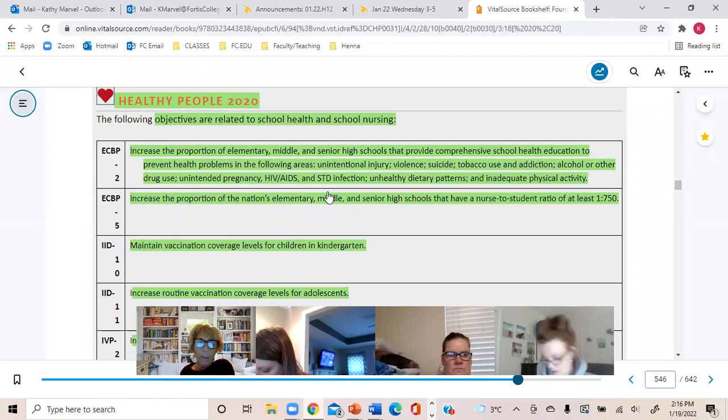Healthy People 2020 objectives are related to school health and school nursing. Increase the proportion of elementary, middle, and senior high schools that provide comprehensive school health education to prevent problems. And it goes through what kind of problems.